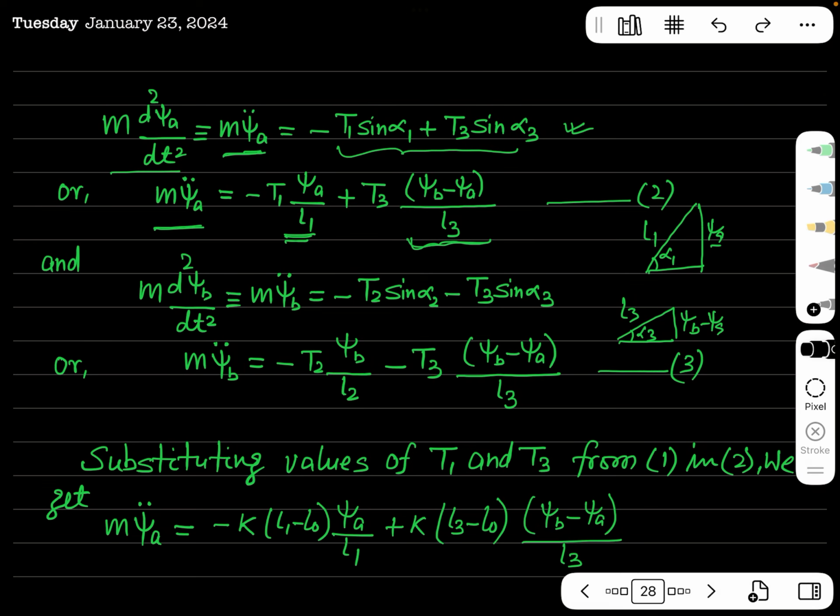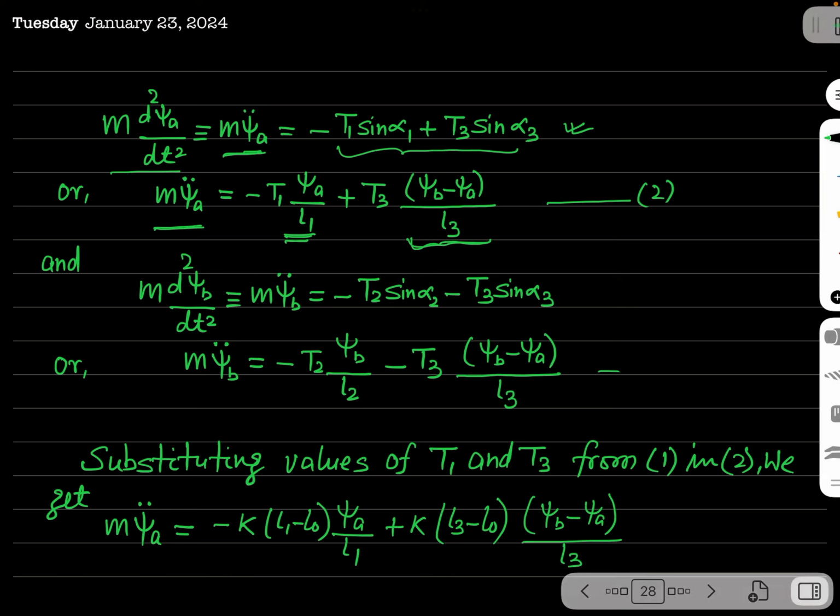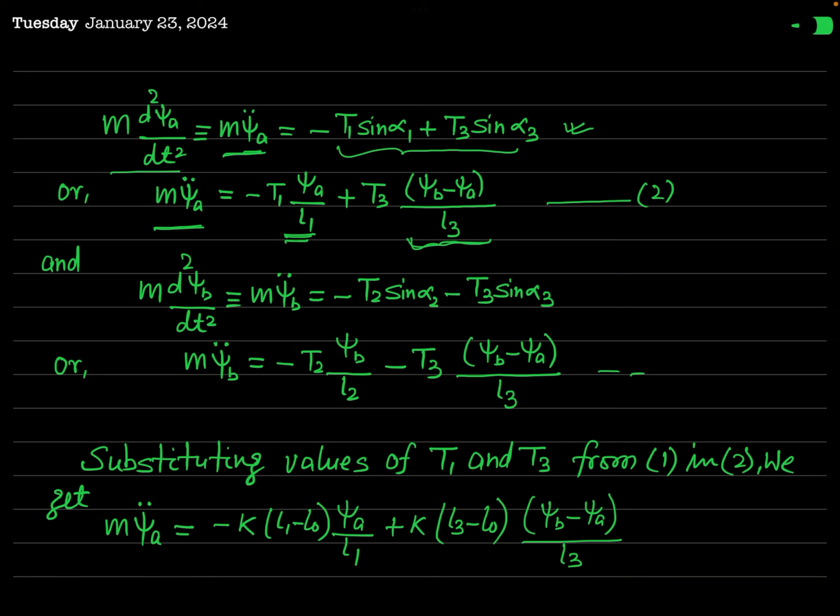Let us first of all erase this, and then I will make the free body diagram, and then you can see how we can write the equation of motion. One force acting on B is T3. This is your B. And another force acting on it is T2.